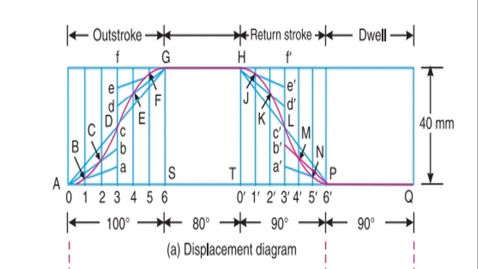The pink colored line is the freehand curve. And next, for the next 80 degrees, it is the dwell time, so we have to just draw a simple straight line.